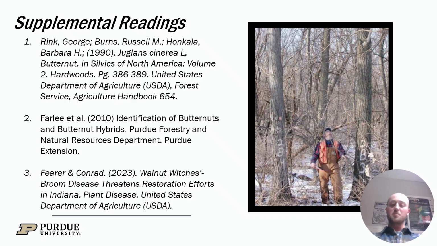The third supplemental reading I chose was from the Plant Disease journal, and this article was called Walnut Witch's Broom Disease Threatens Restoration Efforts in Indiana. This article gives good context about walnut witch's broom and explores the effect of that disease on butternut restoration efforts.